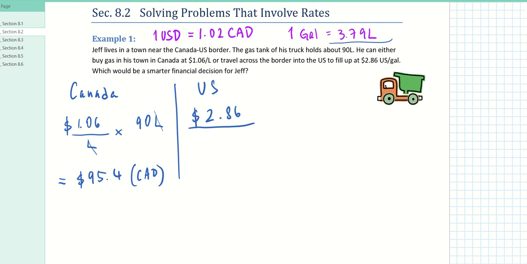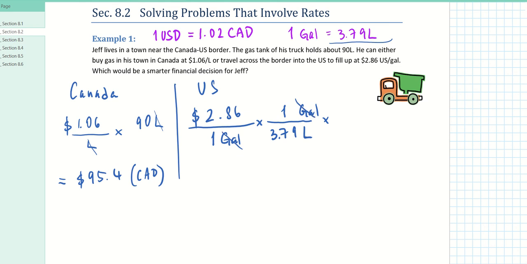Or, if you do want to show every single step, you will write 1 gallon and then do the middle step, which is getting rid of the gallon. So the gallon is on the bottom, so here it has to be on the top, and the liters have to be on the bottom. We know that 1 gallon is 3.79 liters, so the gallons will cancel out.